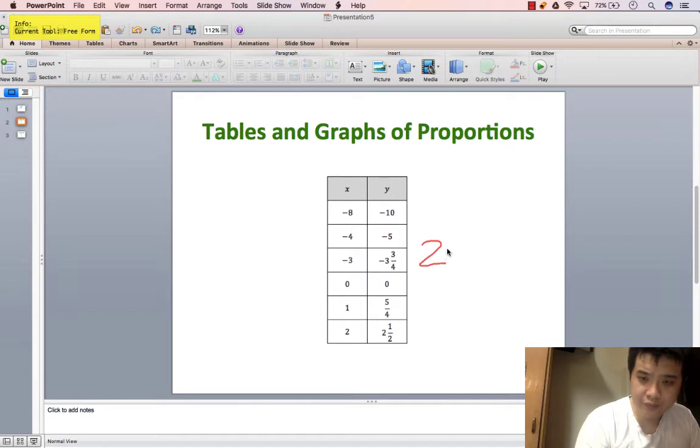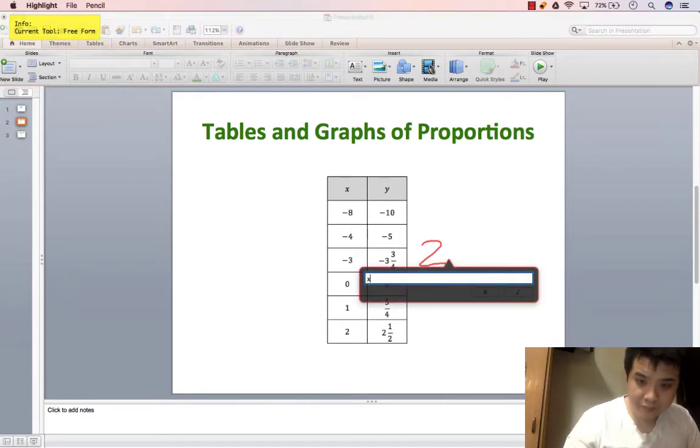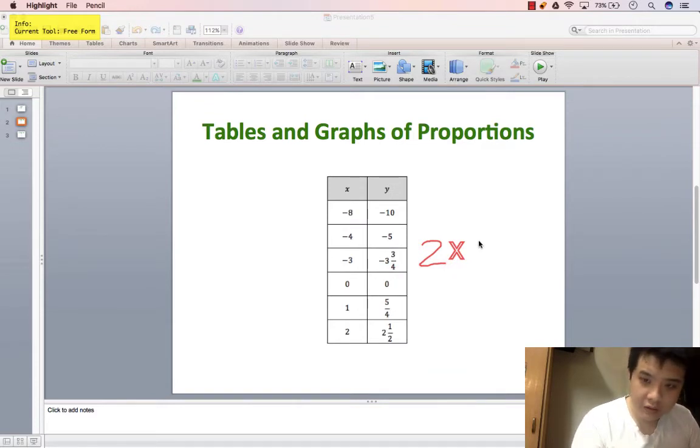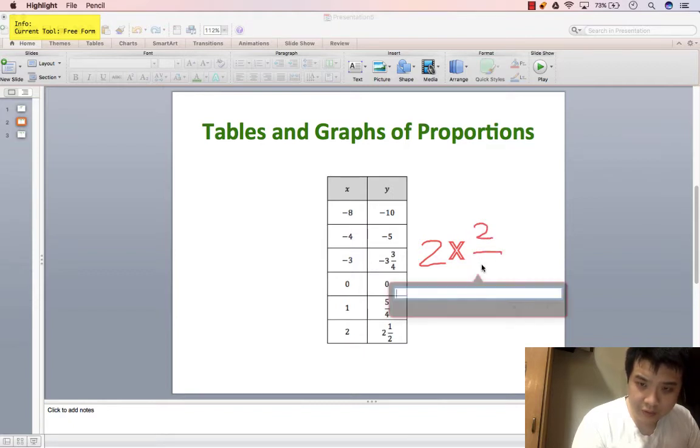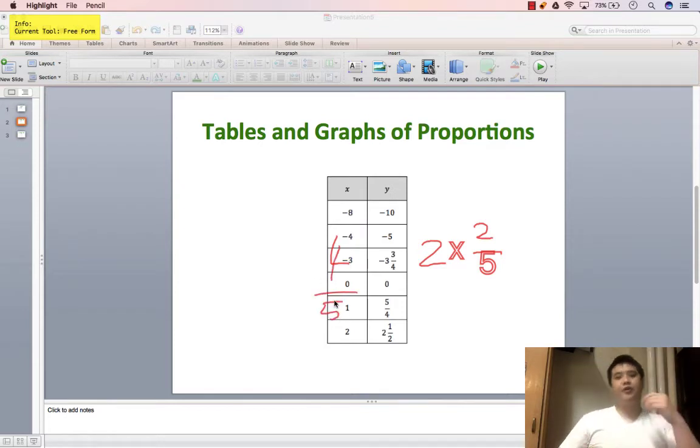It's 2 divided by 2.5, which is 2 divided by 5 over 2, because 2 times 2 is 4, add 1 is 5, so that's 5 over 2, you keep, change, flip. So we get our ratio of 4 to 5 again. All of these have a ratio of 4 to 5.